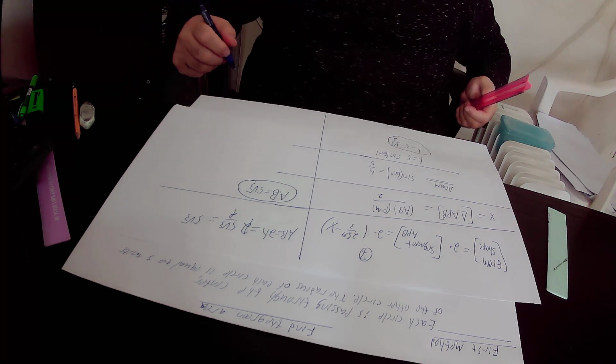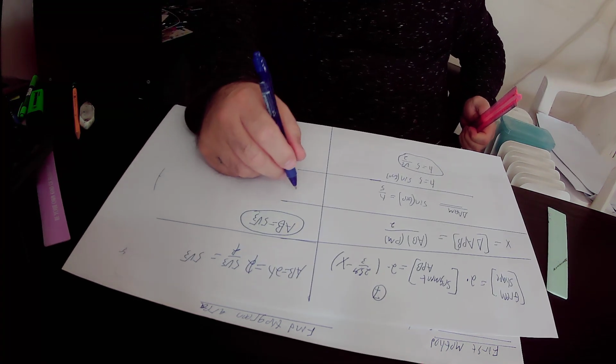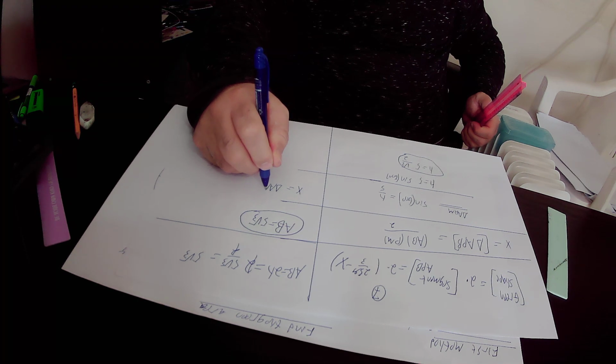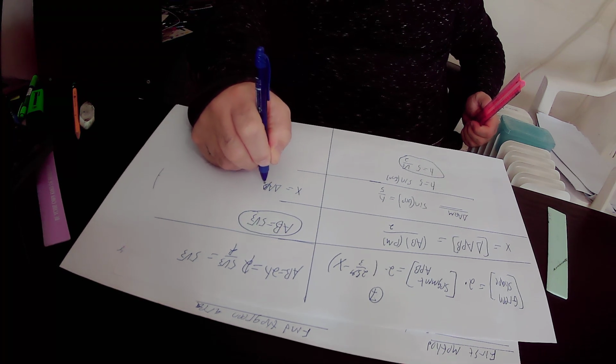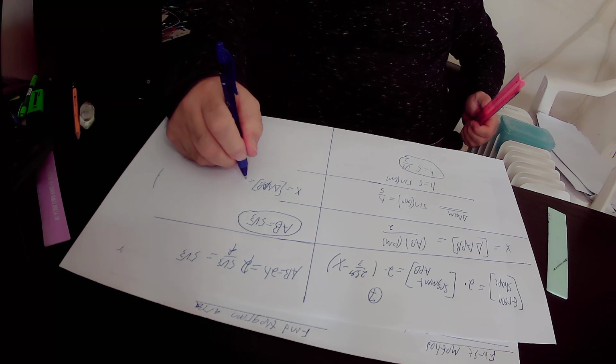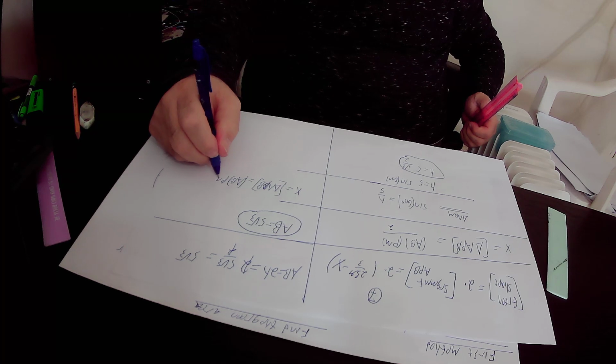So the area x, that equals the area of triangle APB, is equal to AB times PM over 2.